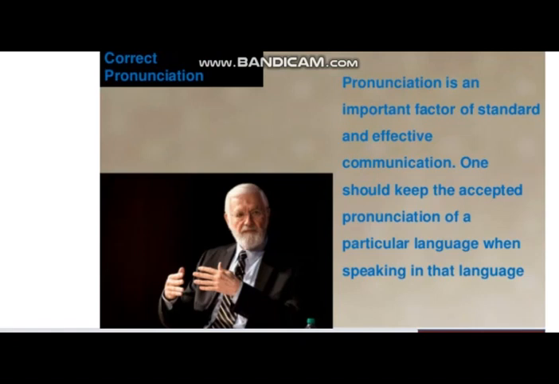So pronunciation, including all these things, pitch, stress, volume, intonation, voice modulation, pauses, these are all very important in the process of speaking. And what pronunciation you select should be suitable for the context, and it also should be standard.